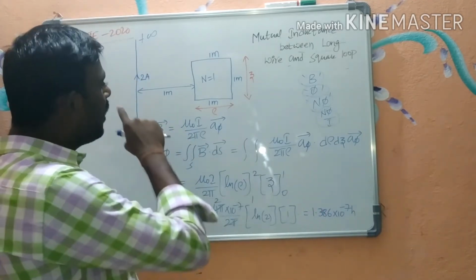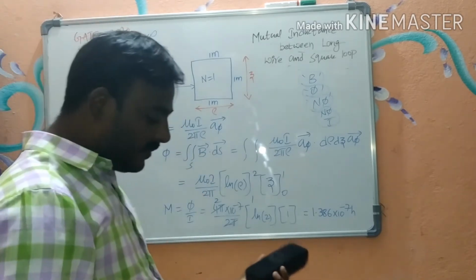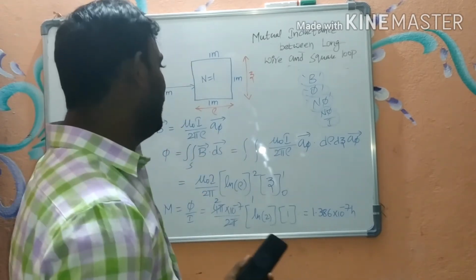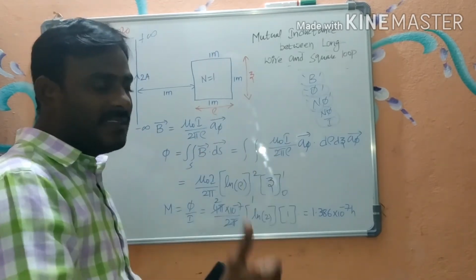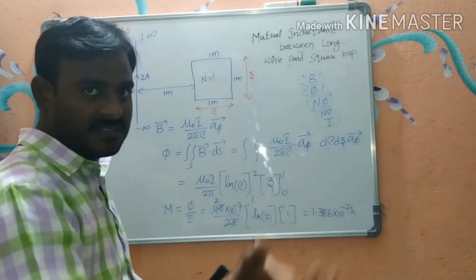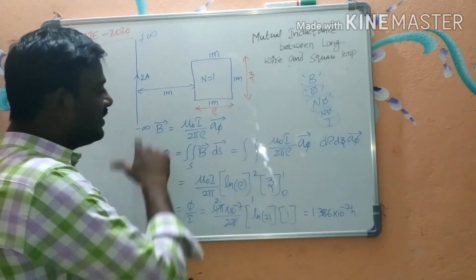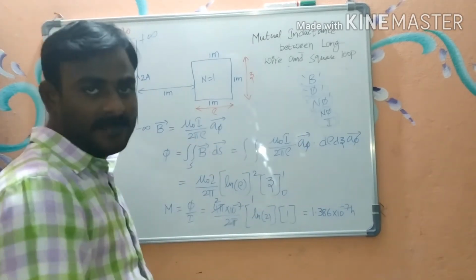To find the flux produced by the current carrying conductor, from the right hand thumb rule, we know that the flux due to a conductor carrying current in the Z direction is always in the phi direction. This is obtained either from Biot-Savart's law or from Ampere's law.